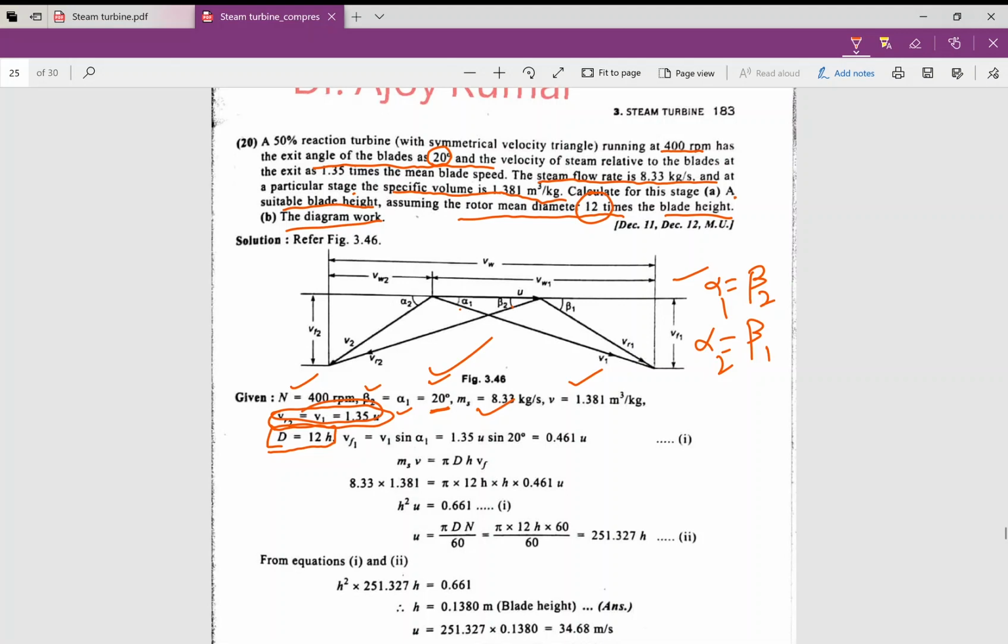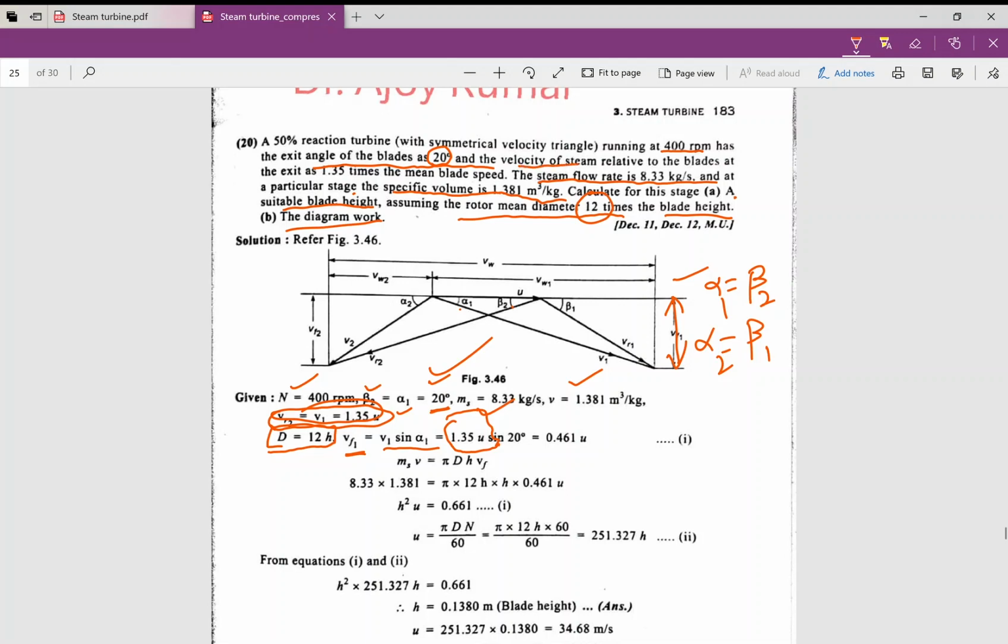So this Vf1 is nothing but V1 sin alpha 1. This is your Vf1. This value is given, in fact. Vw1 is 1.35 times U. Here it is mentioned, you see.